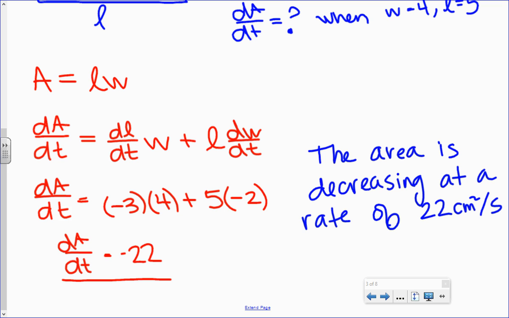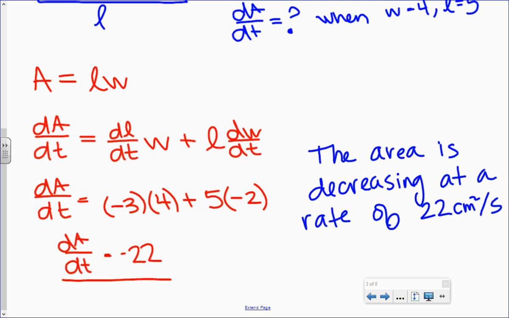Since the length and the width are changing, we have to take the derivative first, then we can plug in numbers. Now, if it said the length was not changing, then we could plug that number in right away and be fine. But if something is changing, we have to take the derivative and think about the rate that it's changing before we can plug in any numbers.